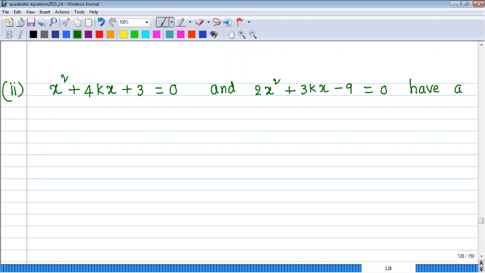That means if these two equations have a common root, then find the value of k. That is the question. So the same procedure needs to be followed here.